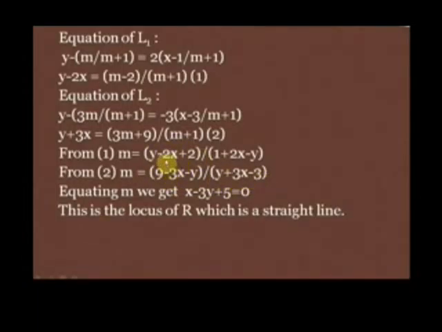So what we do is we equate these two terms so that we get x minus 3y plus 5 equal to 0. Now this is an equation of a straight line, and this represents the locus of R. Thus we can say that the locus of R, which is the point of intersection of L1 and L2, is a straight line.